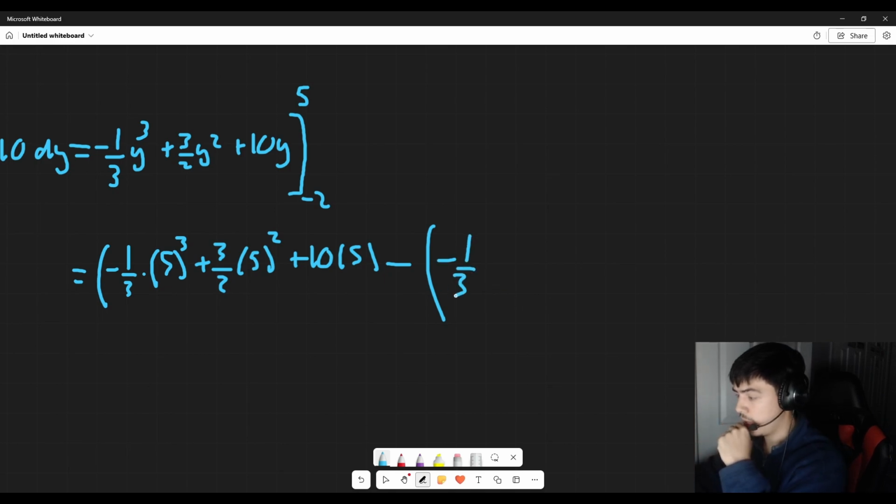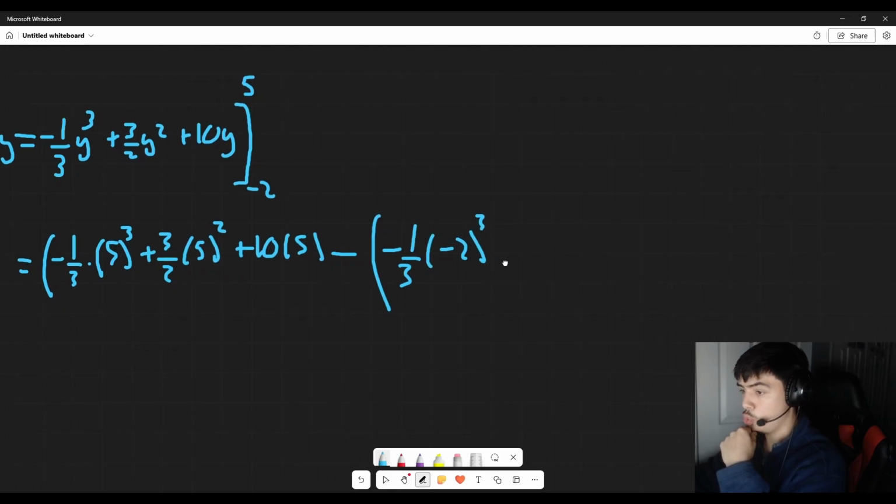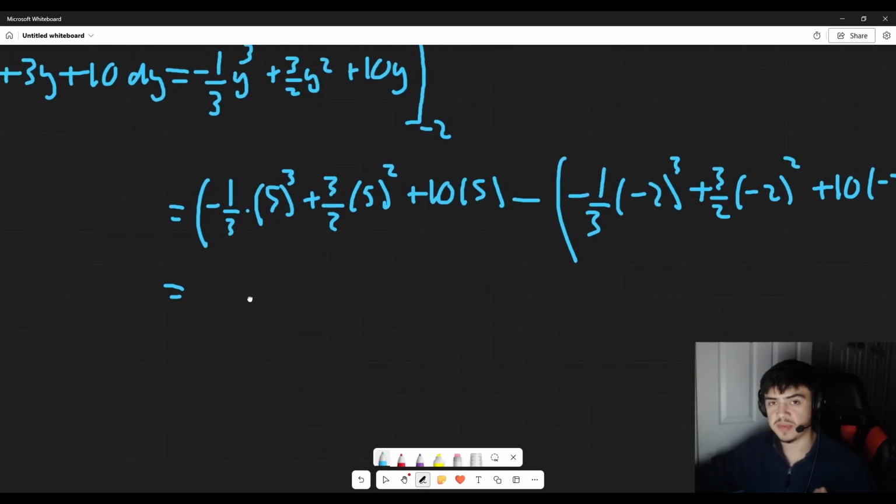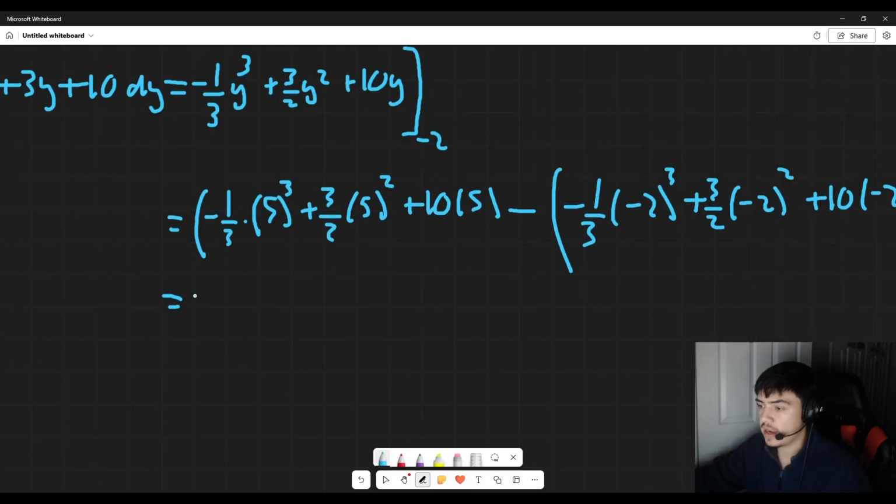So we have negative 1/3 times negative 2 cubed plus 3/2 times negative 2 squared plus 10 times negative 2. Now, you can either pull out a calculator or just simplify this by hand. I'm going to just simplify this by hand really quickly to find our final answer.